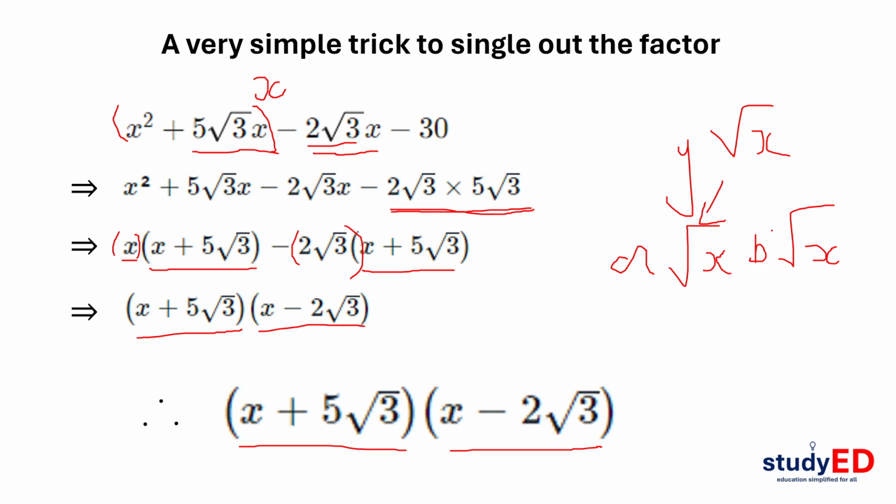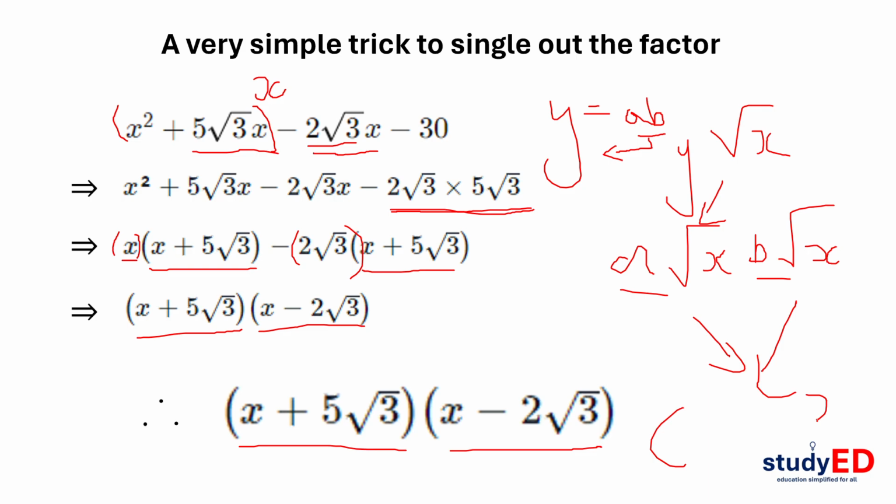After this, what you have to do is make sure that you express y in a means that it is a factor, like this y, you get it, okay? So this must be the product of a and b, or a and b's factors must align with this. Similarly, how 10 factors of 5 and 2, the factors of this should be equal to y. So as soon as you get that, replace the values of a and b, and then you can directly factorize it in order to receive the final answer.